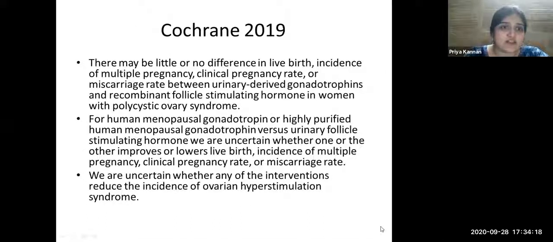The Cochrane also said in 2019 that there is little or no difference in live birth, multiple pregnancy, clinical pregnancy or miscarriage rates between urinary derived gonadotrophins and recombinant FSH in PCOS. For HMG or highly purified HMG, compared to a urinary FSH, they also didn't find any difference between the two.